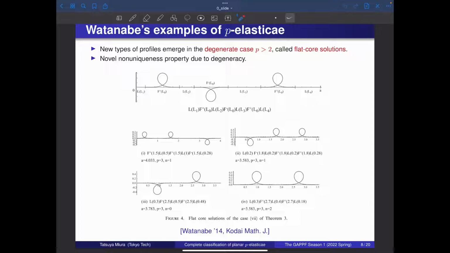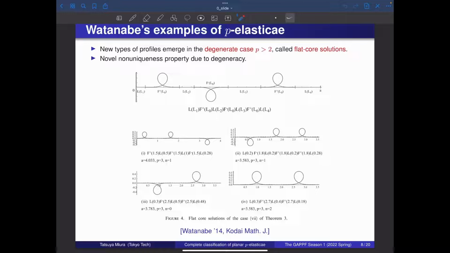So what is a flat core solution? A flat core solution is a curve which connects some loops in some arbitrary way, in the sense that each loop has the same shape, but the plus or minus directions are arbitrary. And also, any length of segment can be inserted between those loops.